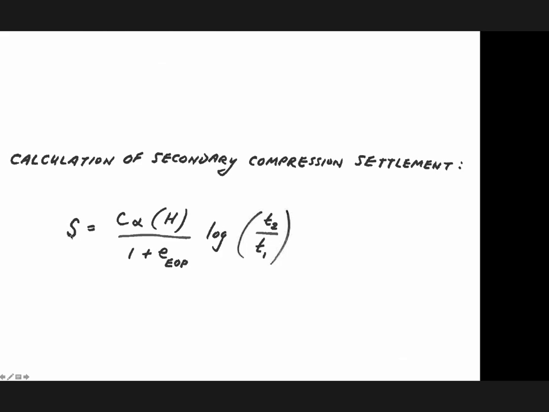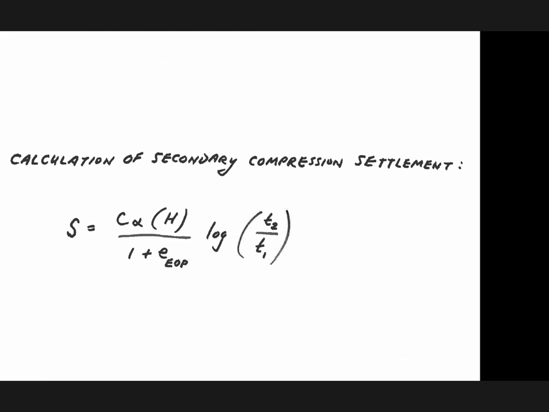The amount of settlement for secondary is that C alpha times H, complete layer thickness, over 1 plus starting void ratio. In this case, recognize that that's the end of primary void ratio, times the log of t2 over t1. And that's going to be an end time over a start time.